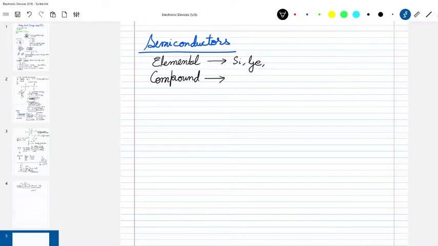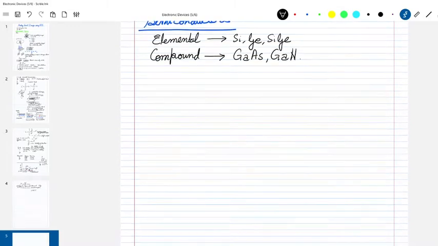Silicon germanium is not a compound, it's still elemental. In compound you have gallium arsenide and gallium nitride. So this is what we are going to talk about. Now we start with the elemental semiconductors.